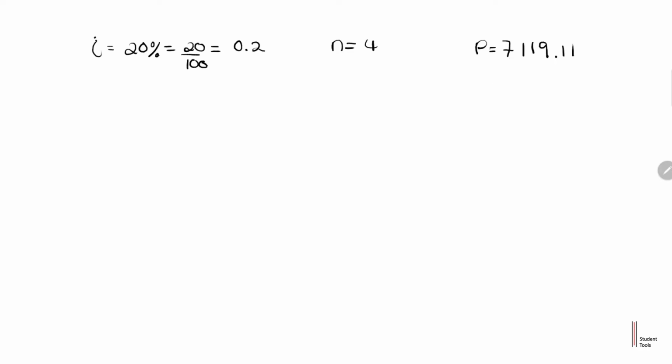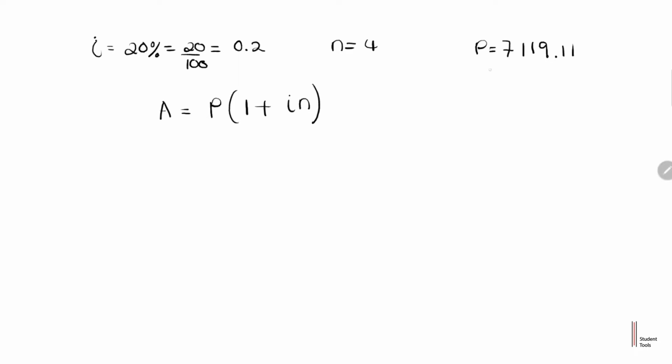So now we will use a formula to calculate the amount that he will have to pay back. So we have this simple interest formula to calculate that: A equals P times (1 plus i multiplied by n). So we will use this formula to calculate the total amount that he will have to pay back with the interest.